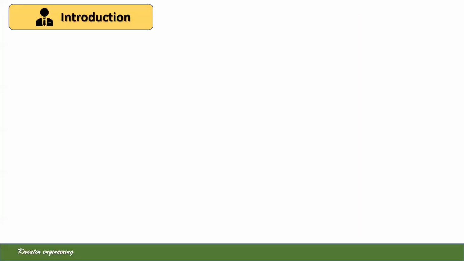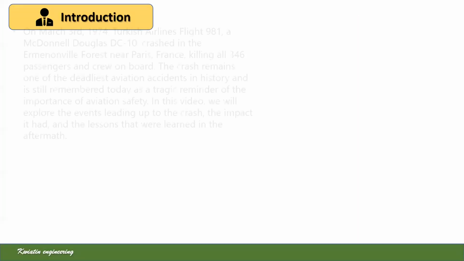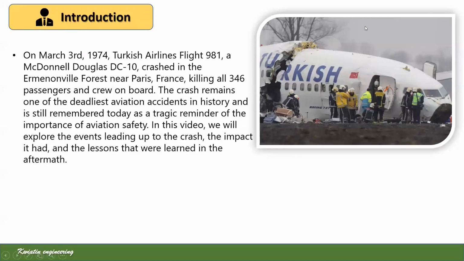Okay, now let's go to the first one, the introduction. You can see this is the real picture of this aircraft. On March 3rd, 1974, Turkish Airlines Flight 981, a McDonnell Douglas DC-10-10, crashed in the Ermenonville forest near Paris, France, killing all 346 passengers and crew on board.